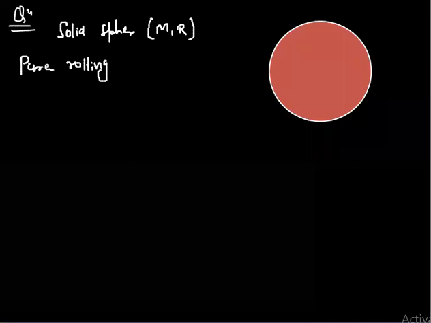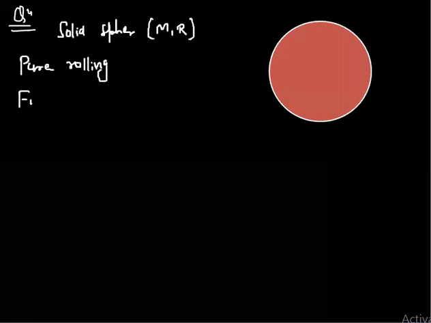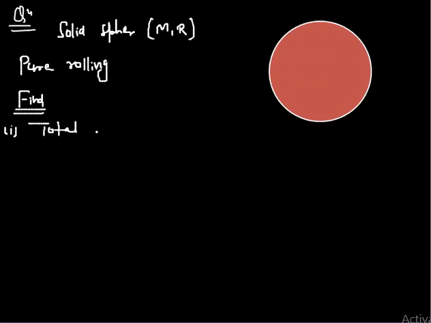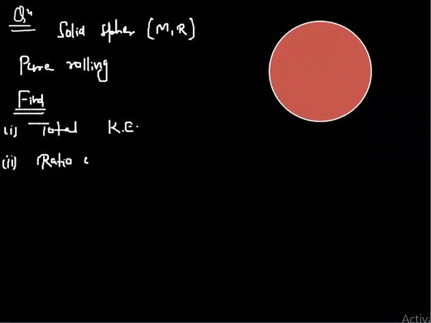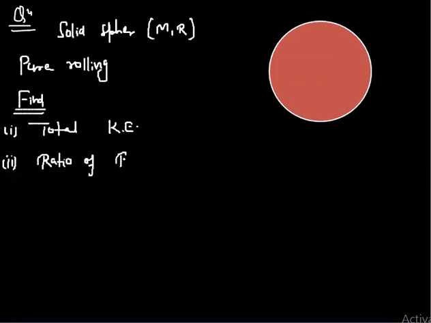In the first part we have to find the total kinetic energy, and in the second part we have to calculate the ratio of rotational kinetic energy and the translational kinetic energy.